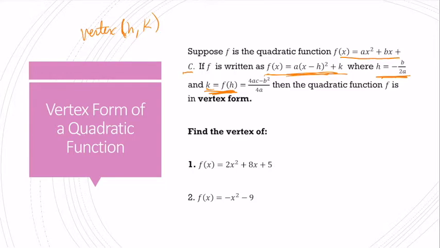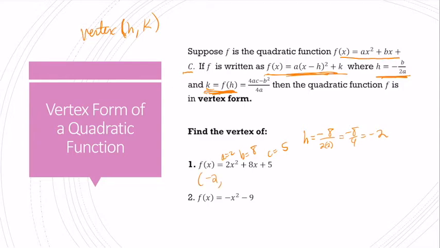I like to start with my ABCs. So a is 2, b is 8, c is 5. I know that h is going to be negative 8 over 2 times 2. So that's negative 8 over 4, which is negative 2. That's my h. So if I'm trying to find the vertex, my x value is negative 2.